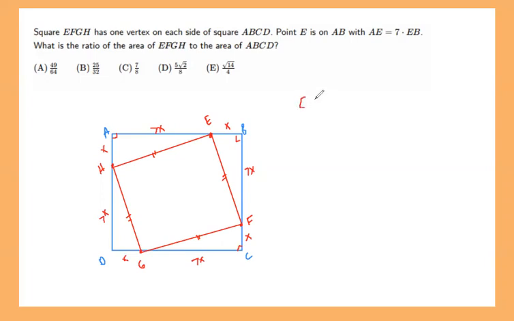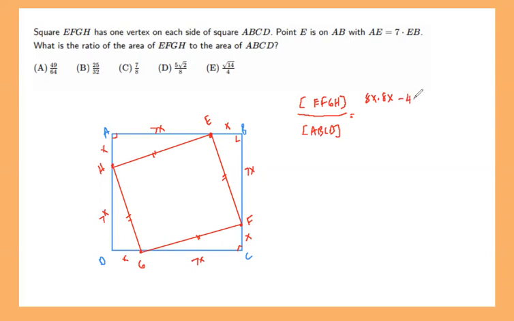Area of EFGH divided by area of ABCD is equal to the area of the largest square, which has a side of 8x, so 8x times 8x, minus four triangles.